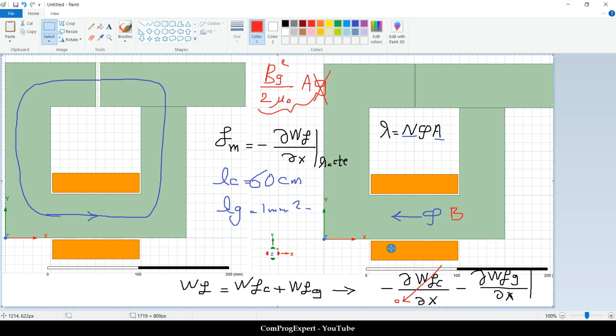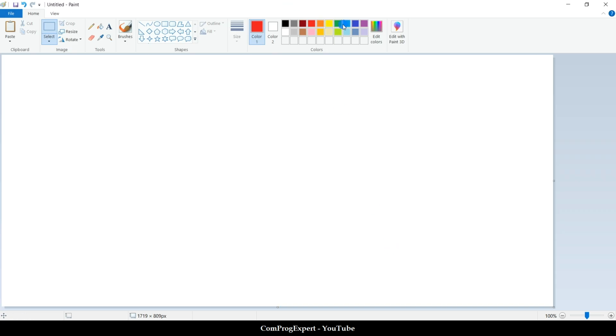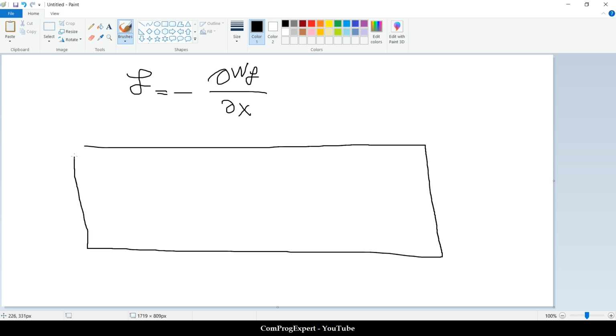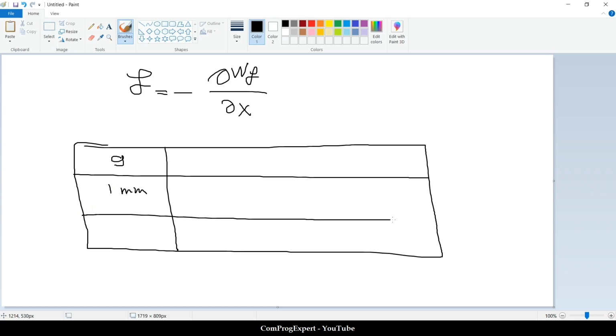So let's do an experiment in the ANSYS Maxwell software. I want to use this equation, the negative of the partial derivative of the energy with respect to the x position. Suppose we have this table. I am going to change the value of the gap from 1 millimeter to 1.1, so we have 0.1 millimeter displacement for the moving object.